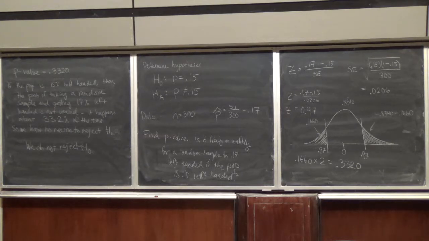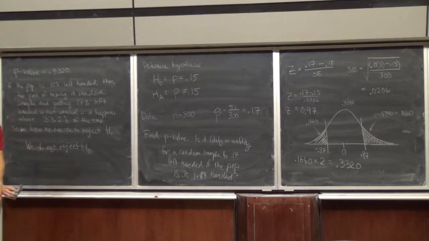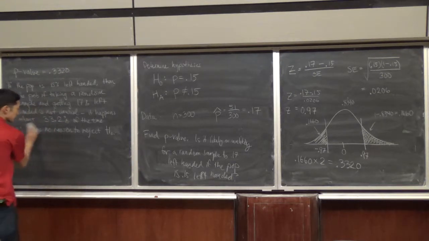I'll tell you what alpha to use. If alpha isn't given, we should already assume that. That's correct. If alpha is not provided in the problem, assume alpha is 5%. Okay, so I'm going to erase this and put a problem up for you guys to try out.